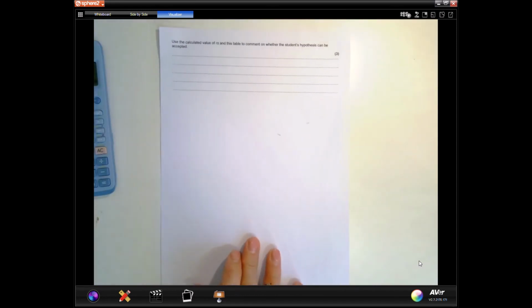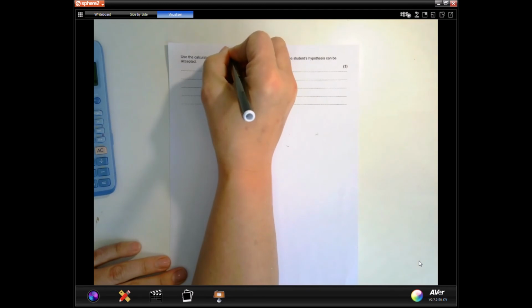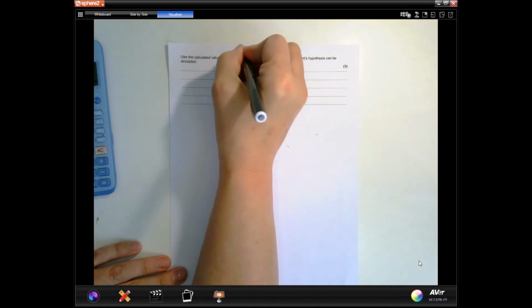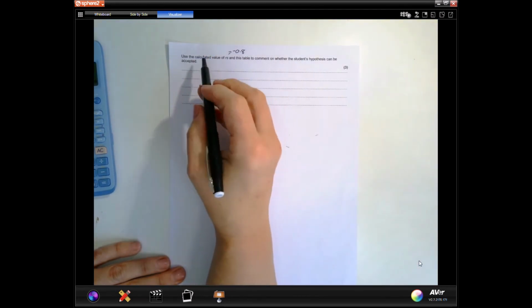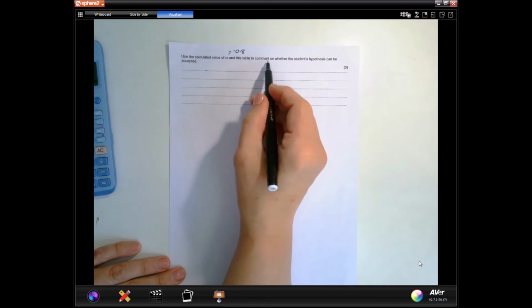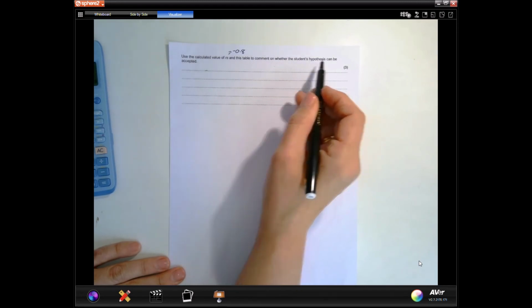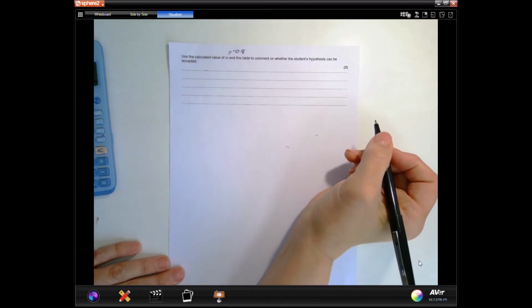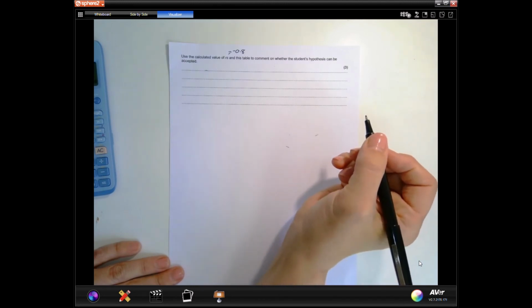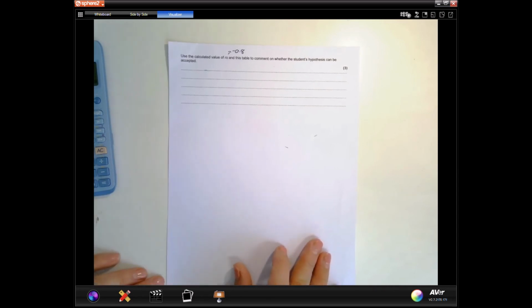Use the calculated value of RS, which is minus 0.8, and this table to comment on whether the student's hypothesis can be accepted. So can we accept the student's hypothesis? Well, we've got a value of minus 0.8, so that tells us that if there is a correlation, this is a negative correlation.